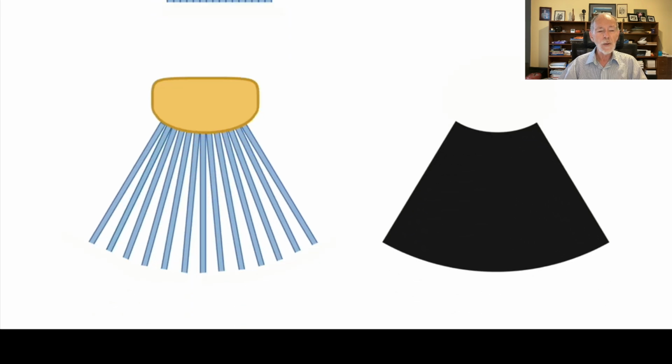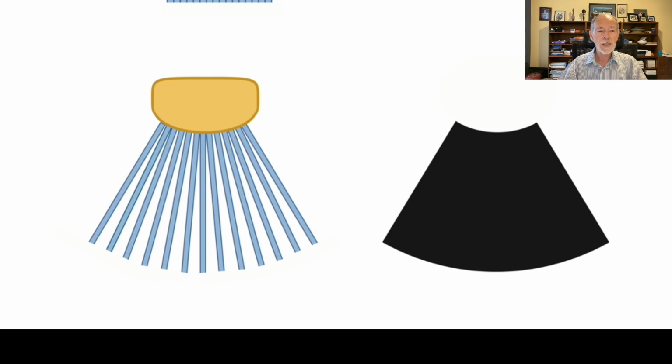The curved probe below that scans in the same way, so it actually operates in a way identical to the linear probe, but because of the curved shape of the probe, the beams follow a fanned motion, as I've shown here, resulting in a distinctive image shape, which has the advantage that it spreads out in width as it travels deeper into the tissues. So you have a certain surface contact area, which you can sometimes call the footprint of the probe, and then the image grows wider as it travels into the tissues.